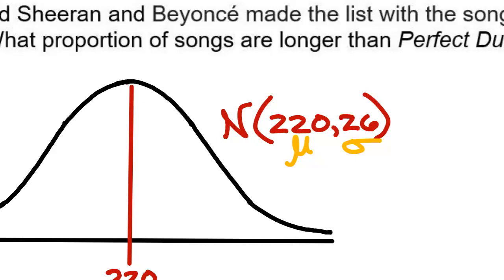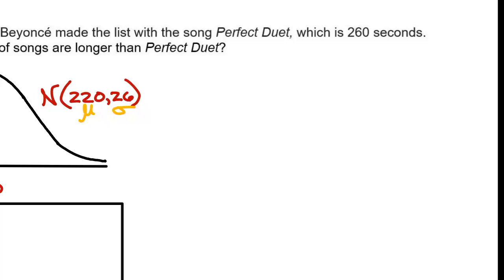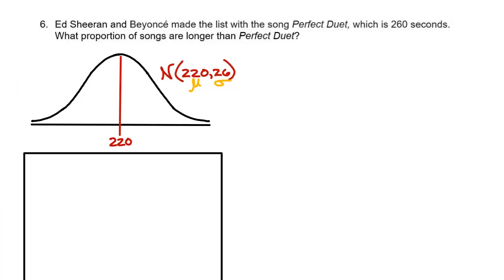All right, so 220 is smack dab in the middle. We want to know the proportion of songs that are longer than 260 seconds. Would 260 be to the left or the right of 220? To the right. So somewhere over here on the right-hand side, my location doesn't really matter except I've got it on the correct side of the mean.